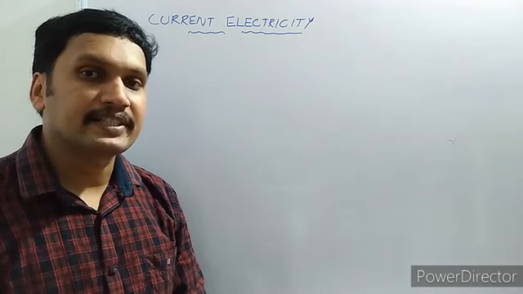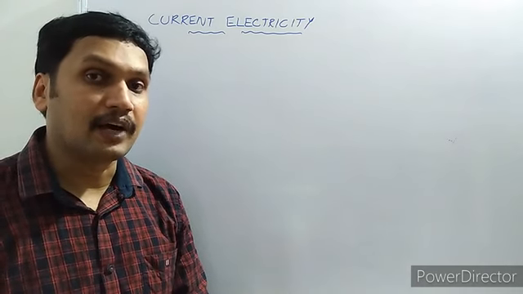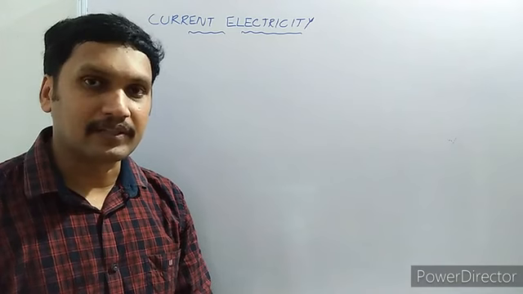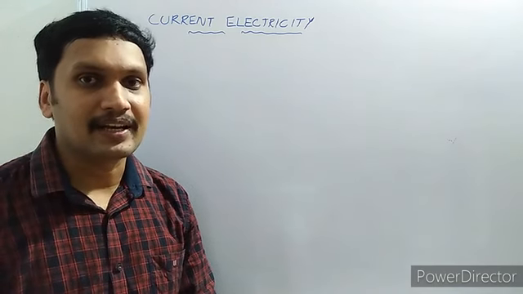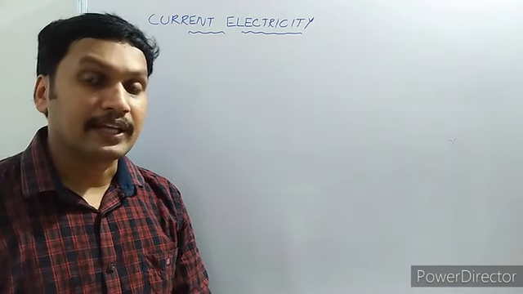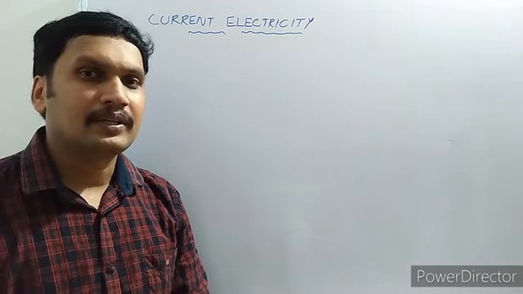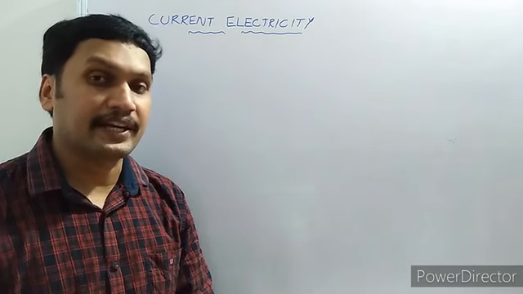Now let us discuss electric current in a conductor. We know that a conductor has many free electrons in it. Almost all the electrons in the outermost shell are free. They can move randomly through that material, but there is no preferred direction for the electrons.